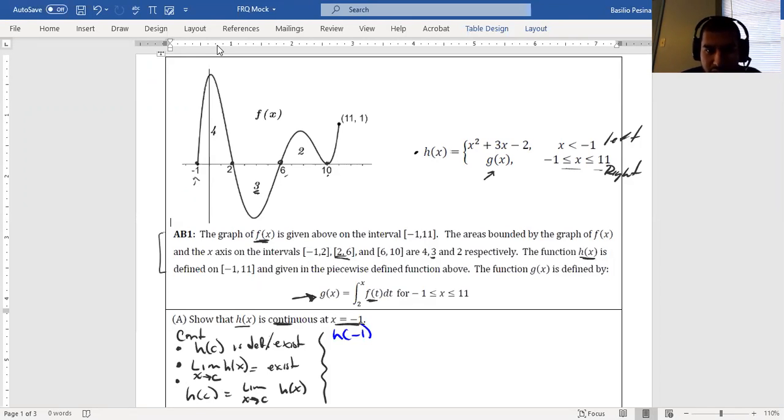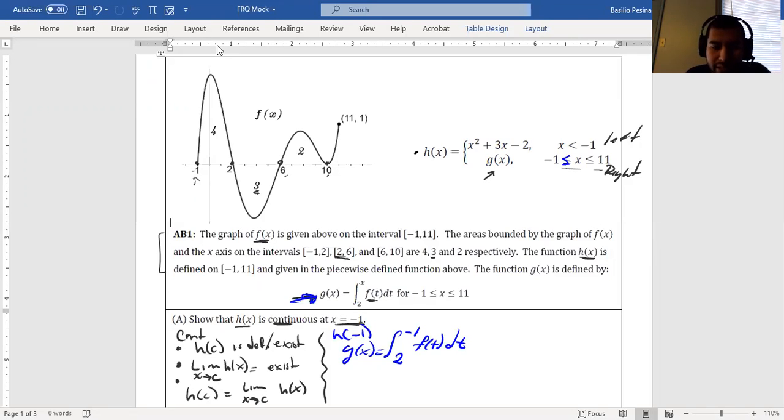Okay, so it says that our value at -1 is included right here. So we're going to use g of x. In reality, we're going to be using this function that we have here, because -1 is tied up to this one, which says it is from 2 to the x value, which is -1, for f of t dt.